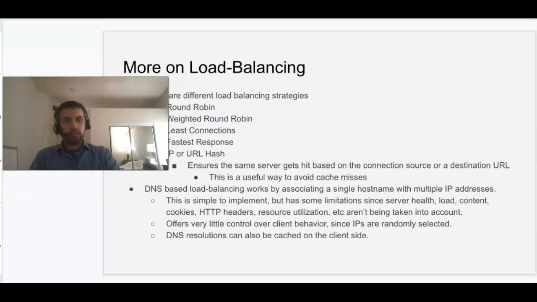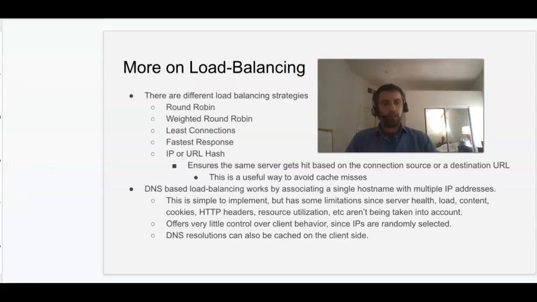And we talked about this a little bit, a different mechanism for load balancing. There's weighted round robin, where we can prefer certain servers. We can look at the number of connections and prefer the ones with the least number of connections. We can look at the response time and direct traffic to the server that has the least response time. We can do hashing based on a source and destination IP address, and that scenario we talked about with Amazon, or any kind of e-commerce, when you're making some purchases.